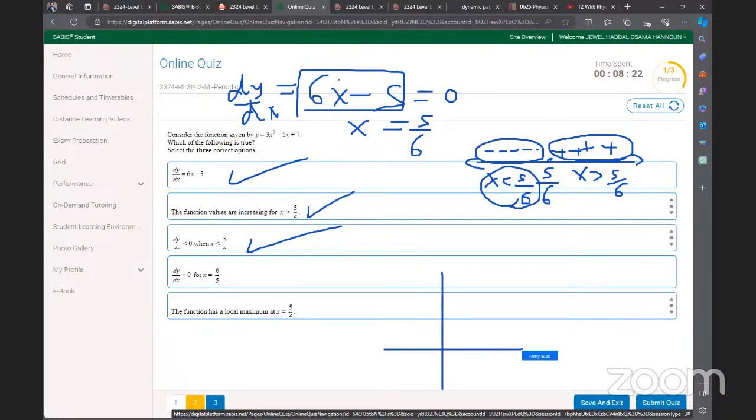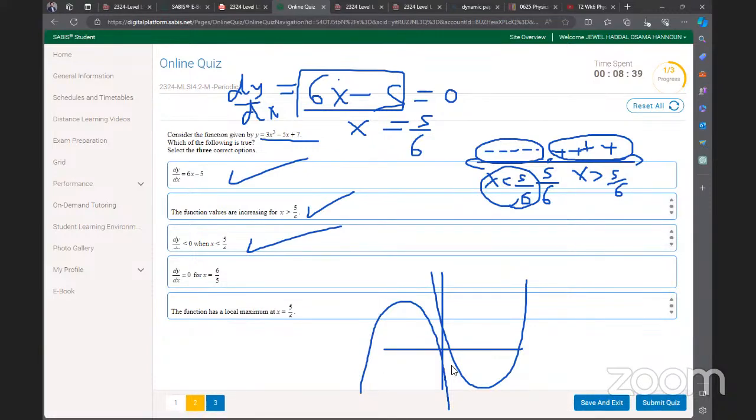This is a quadratic function. Can you tell me, Joel, will it be drawn upwards or downwards? What do you think? Upwards or downwards? It is upwards.